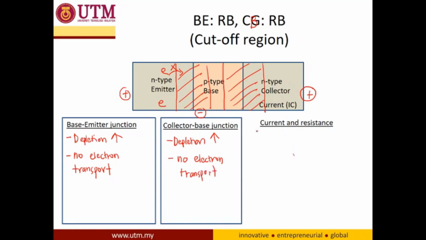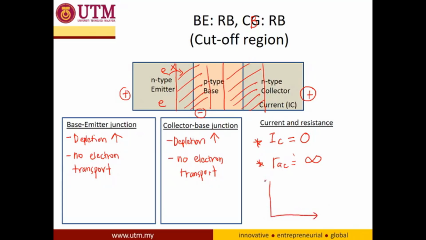Okay. In summary, because there is no electron flow, the total current IC is 0. And because both depletion regions are reverse biased, a reverse biased PN junction can be seen as an open circuit, so the resistance is almost infinity.